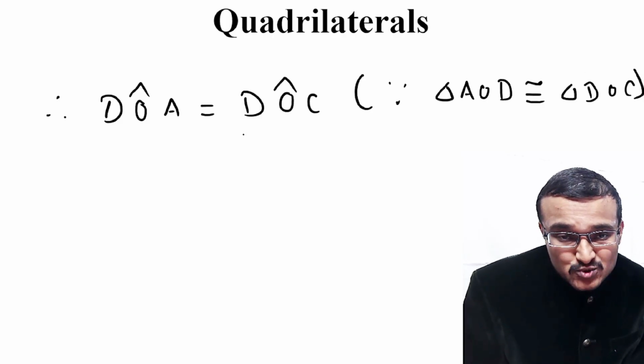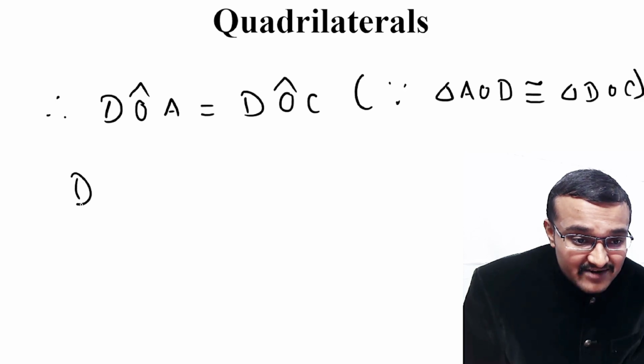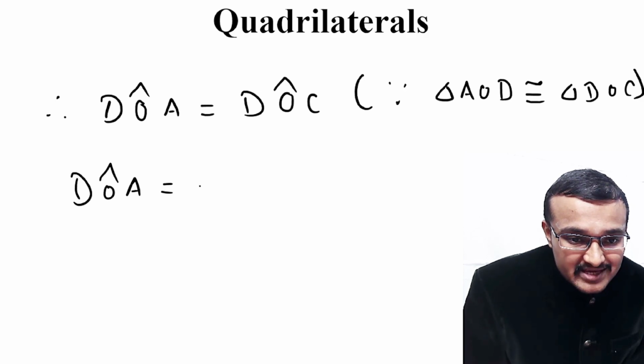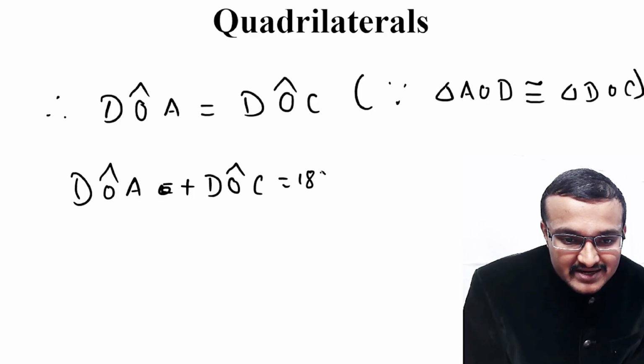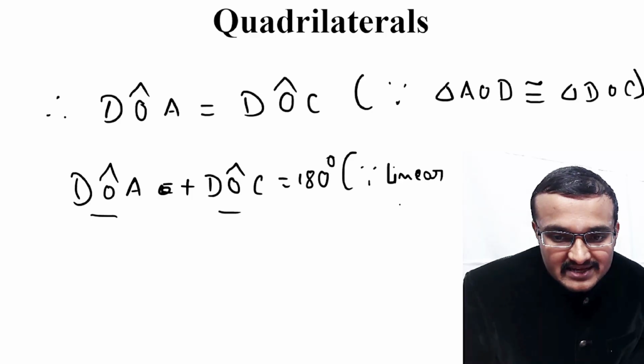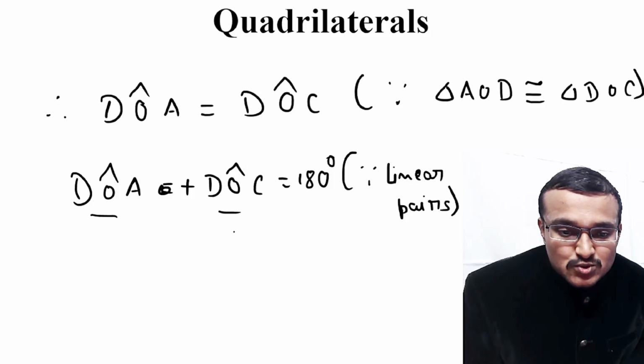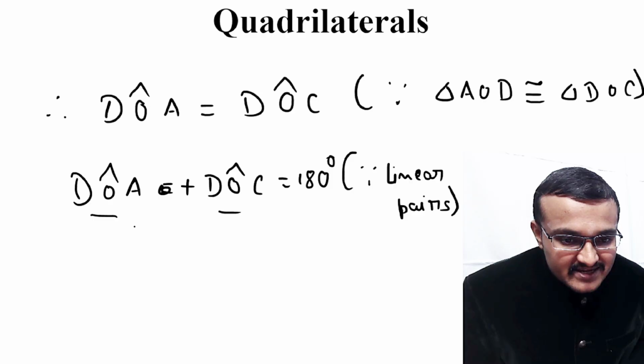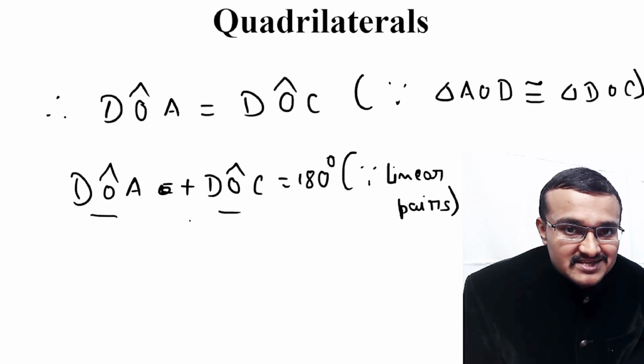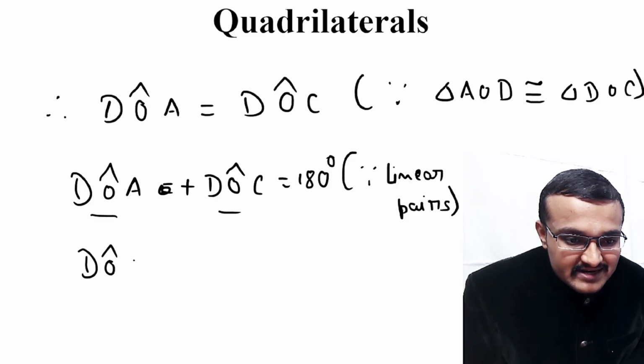Now these two angles are equal, and we also know that DOA plus DOC is equal to 180 degrees. This is because these two act as a linear pair. Since these two are linear pairs, the sum of these two angles will be equal to 180 degrees, and we know that these two angles are equal to each other. So in place of DOA, I can write DOC, because DOA is equal to DOC.